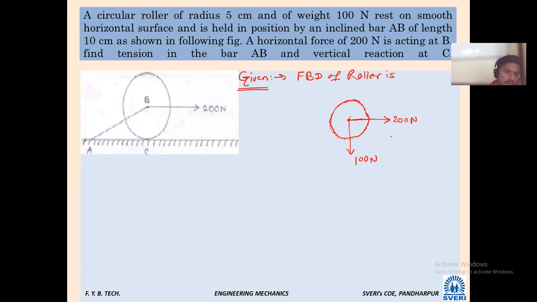Again, what else is given? So the tension will be in this way. So let us see TAB, tension in AB.